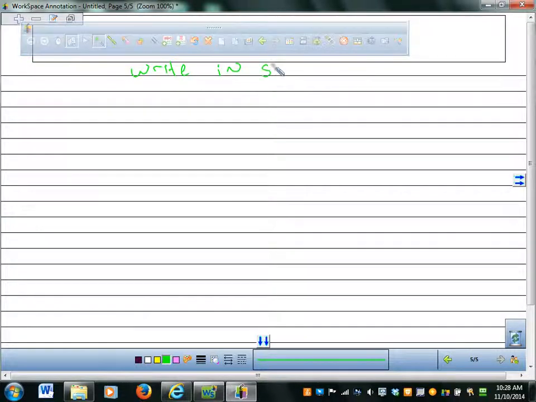In standard form, a plus bi form. If you have something like this, square root of 5 times the cosine of 5 pi over 6 plus i times the sine of 5 pi over 6, all you do is simplify this out.